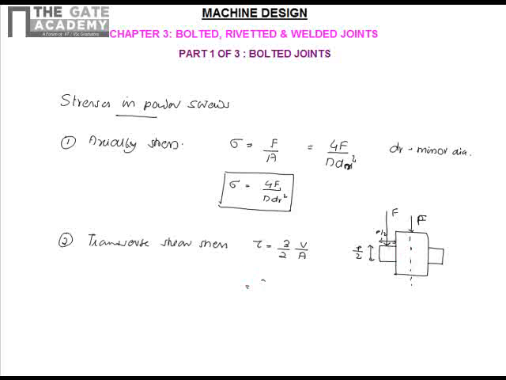So this will be equal to 3 by 2 F by the shearing area, which will be pi dr. That is, pi dr into P will give this area between two successive threads, and into N will give the total area which is getting this shear stress, where N is the number of threads and P is the pitch.